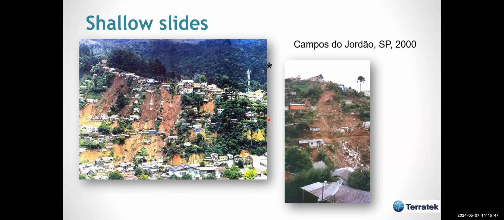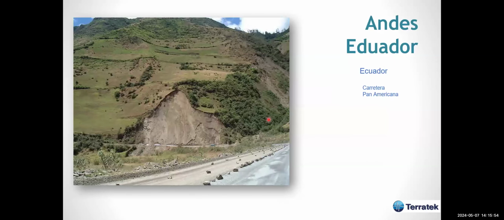But they had major slides triggered by very severe rainfall. This is the Andes, Ecuador as well, La Carretera Sul-Americana, one of the largest landslides I have seen. You can imagine the height of this is over 100 meters. As you see a car here, a very small car. So it's a big challenge to stabilize this slide.